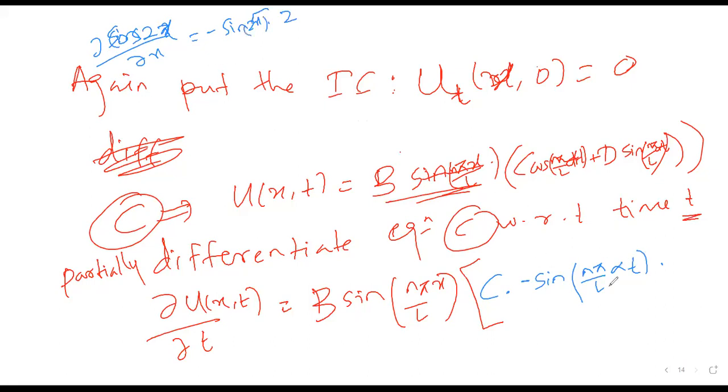Like that, if you take the inside function, you will get n pi over L alpha. Am I right? Yes. Next one, d times the derivative of sine, which is cos n pi over L alpha t times, the same way, n pi over L alpha. Is that correct?